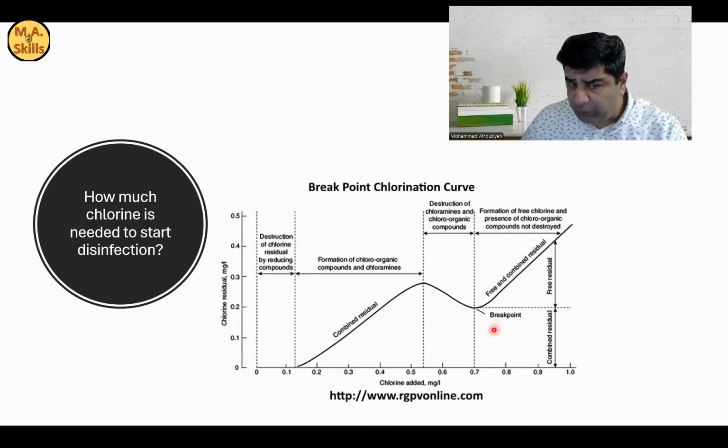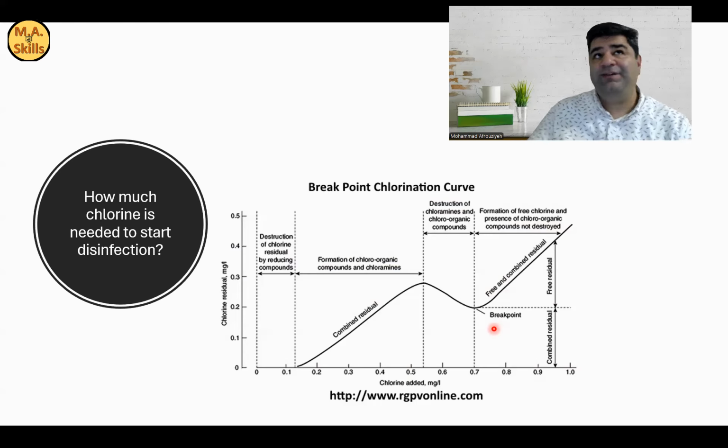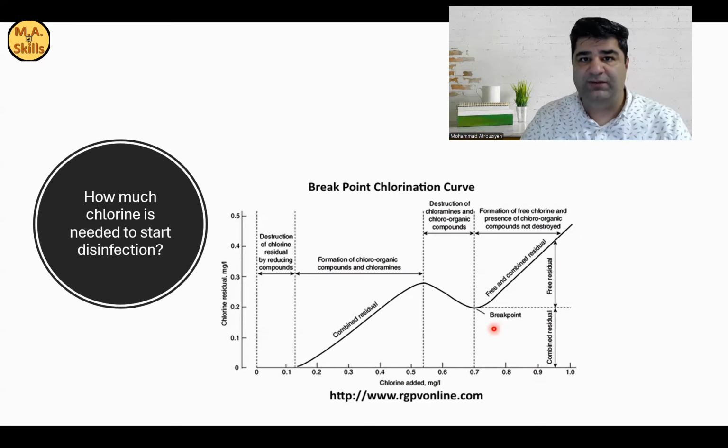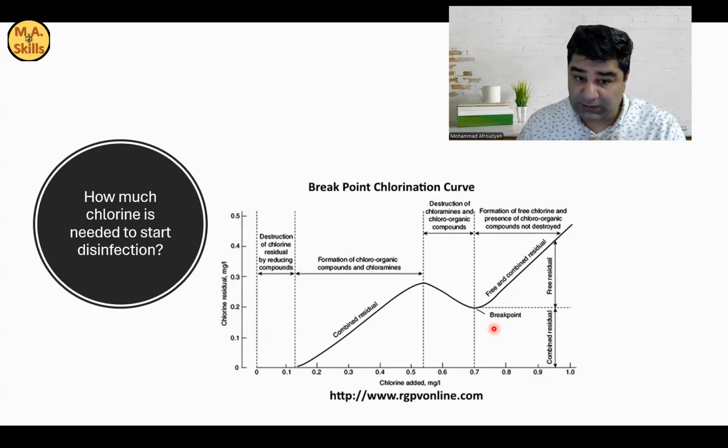So the breakpoint is the point after which whatever chlorine we are adding into the water is effective in terms of disinfecting the water system.